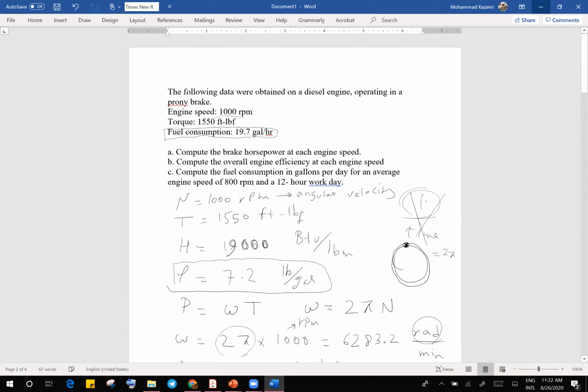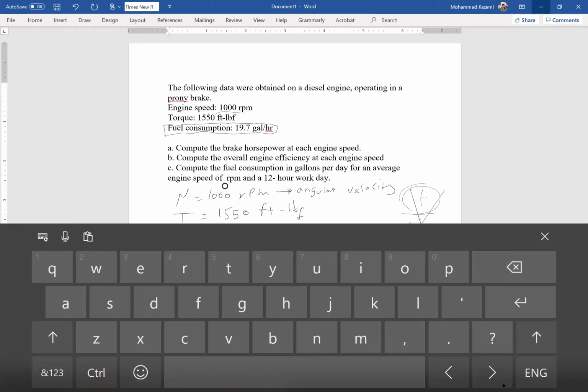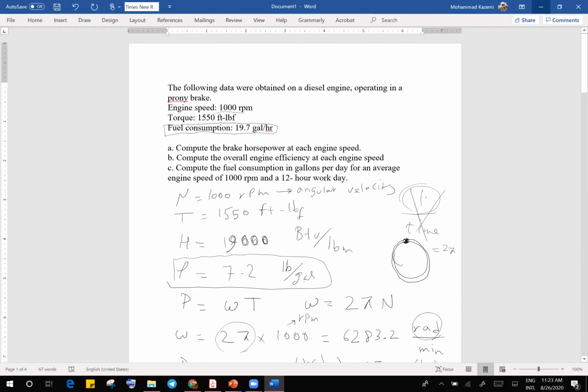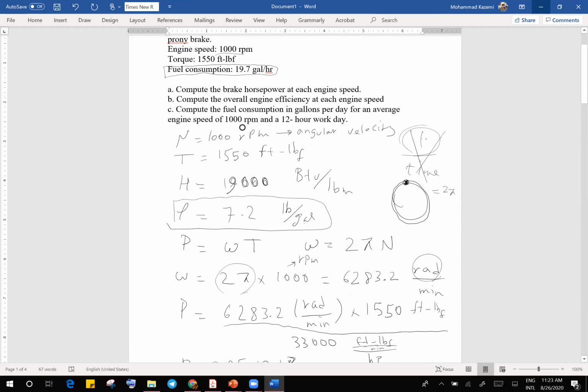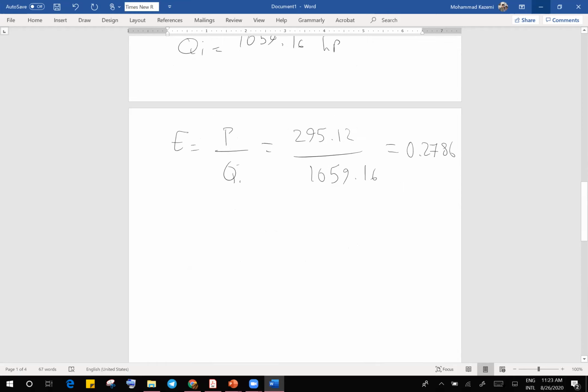All right, so finally part C is compute the fuel consumption in gallons per day for an average engine speed of 800. This is not 800, we're doing it for 1000. The book is asking you to do it for 800, but let's do it for 1000 here. So fuel consumption in gallons per day, how should we do that calculation?